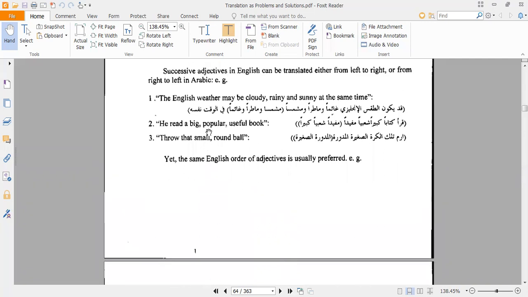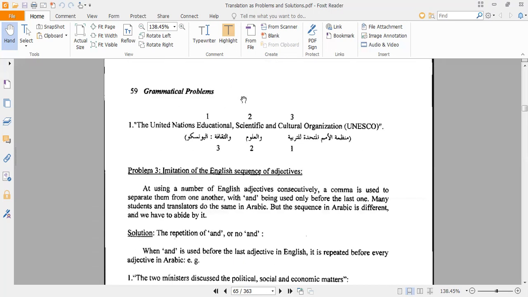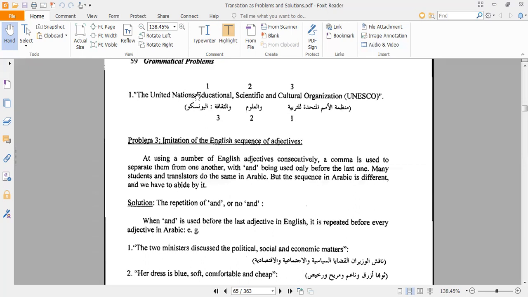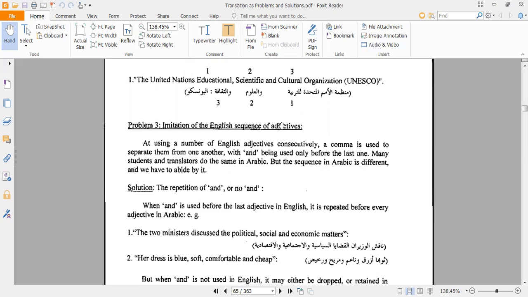However, the English order is always preferred. يعني نتبع نفس الأوردر الموجود في الجملة الأصلية بكون أفضل. يعني أترجمها غائما وماطرا ومشمسا أفضل من أترجمها بالعكس. أوكي. The United Nations Educational, Scientific and Cultural Organization، يونسكو، منظمة الأمم المتحدة للتربية والعلوم والثقافة.